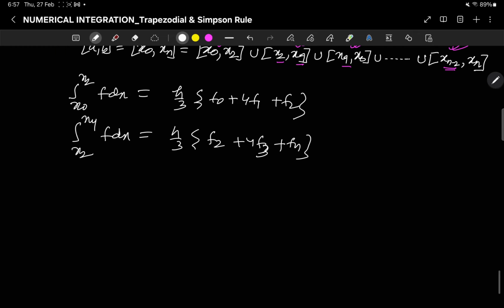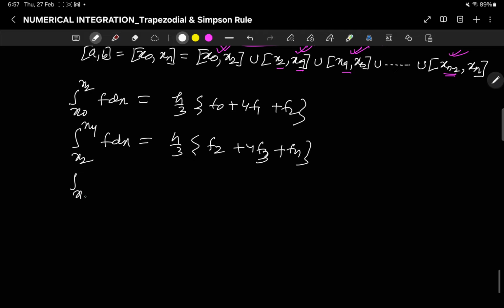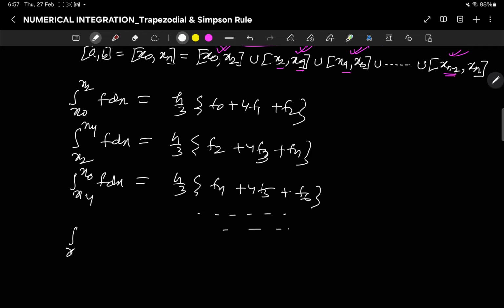Then x4 to x6 f dx will be h by 3 (f4 plus 4 f5 plus f6). If we go on continuing, the integral xn minus 2 to xn f dx will be h by 3 (fn minus 2 plus 4 fn minus 1 plus fn).